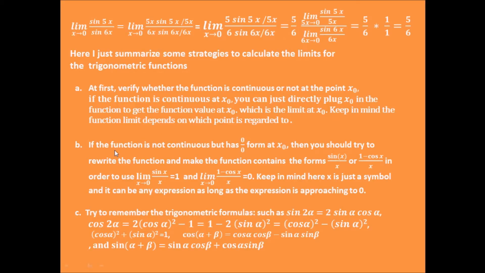However, if the function is not continuous but has 0 divided by 0 form, then you should try to rewrite the function expression and make the function have the form sin x divided by x or 1 minus cosine x divided by x, in order to use limit sin x divided by x with x approaches 0 equals 1 and limit 1 minus cosine x divided by x with x approaches 0 equals 0.